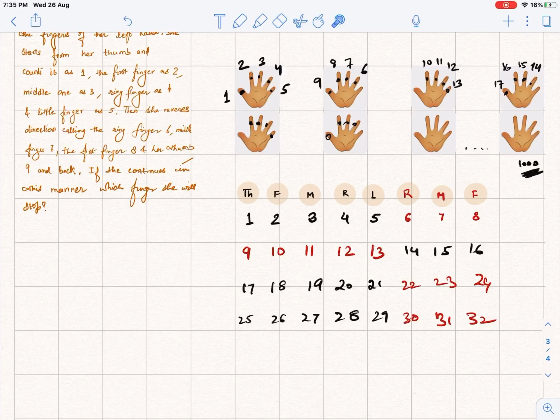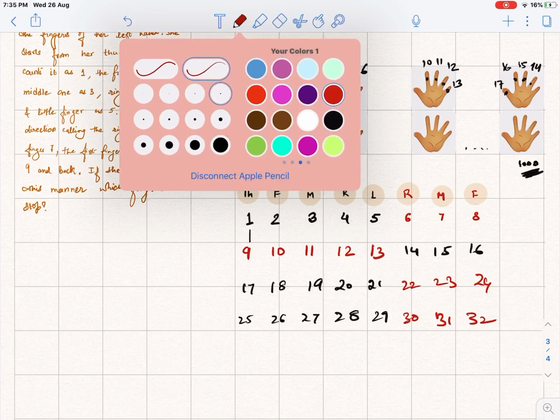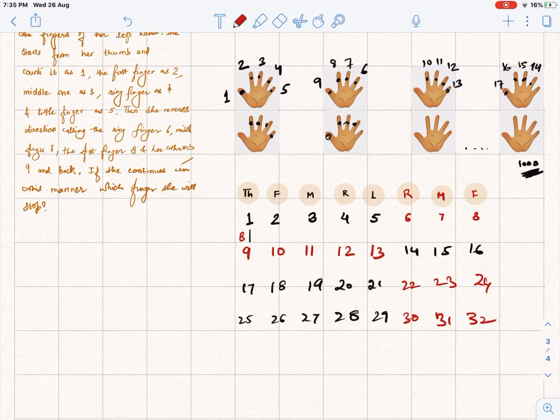Let's see the difference between 1 and 9. The difference is 8. What is the difference between 9 and 17? 8. 17, 25, 8. Now let's see another one. The middle finger, 3 and 11, difference is 8. 11 and 19, 8.